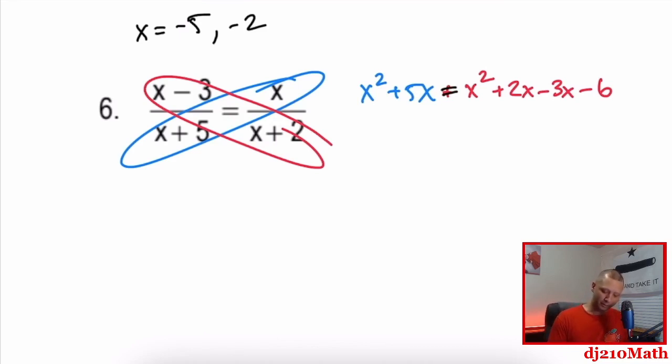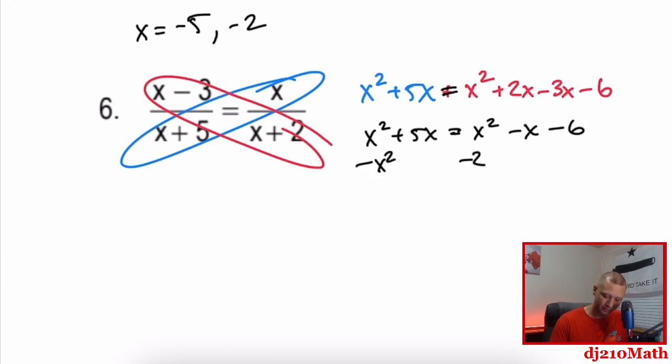All right, combining like terms. X squared plus 5x equals x squared minus x minus 6. Right, 2 minus 3. If we move everything to the right, so minus x squared, that's going to cancel.